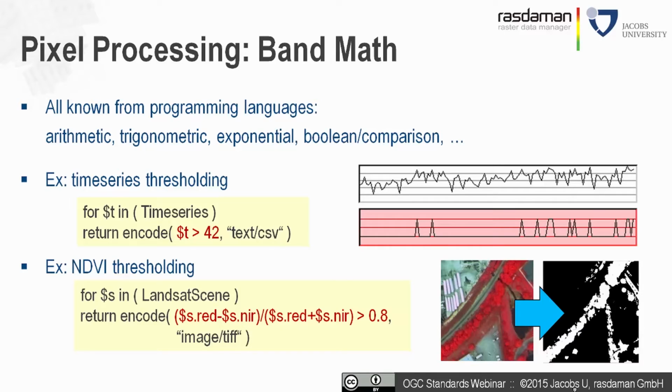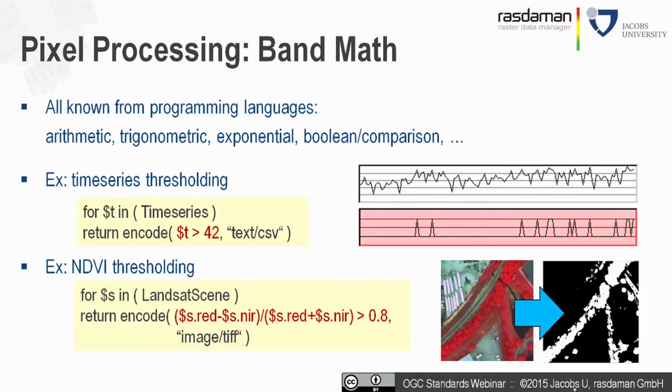Good. This can be extended to really do band math. So to combine operations, and indeed in WCPS you will find arithmetic operations, trigonometric, exponential, Boolean and comparison operations, and as we have seen, pixel composition and decomposition. So we might, for example, go into a time series and just do a simple thresholding.